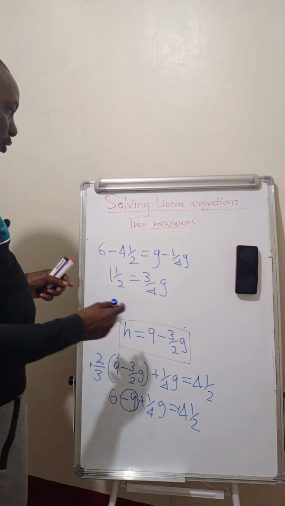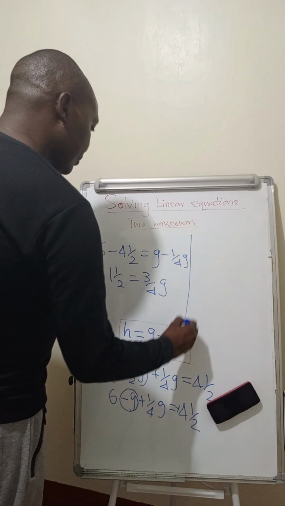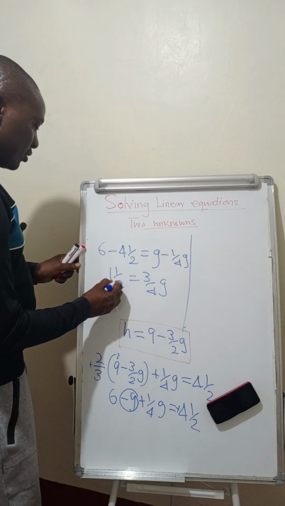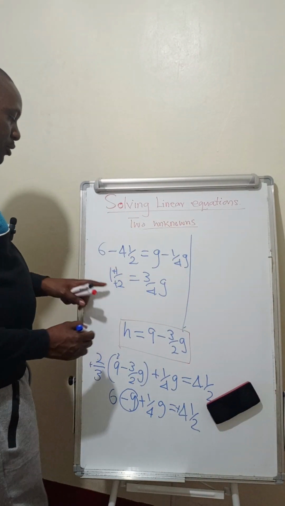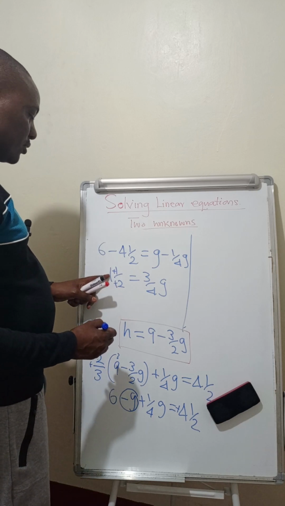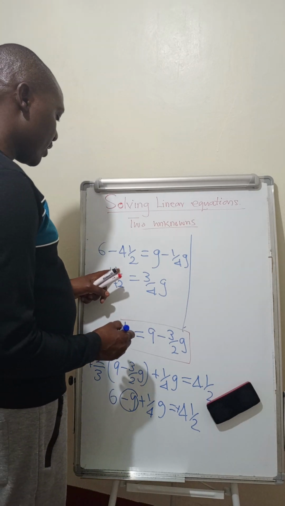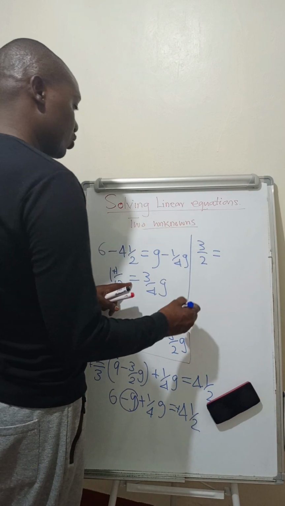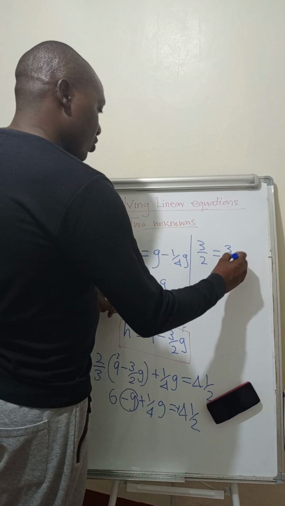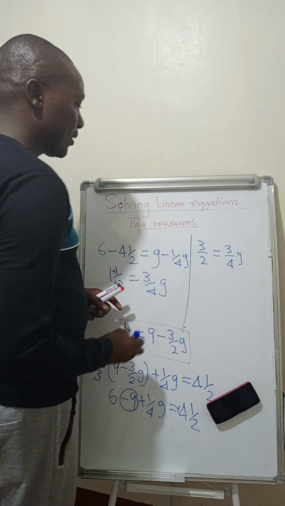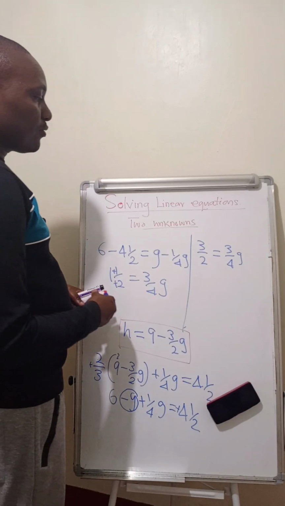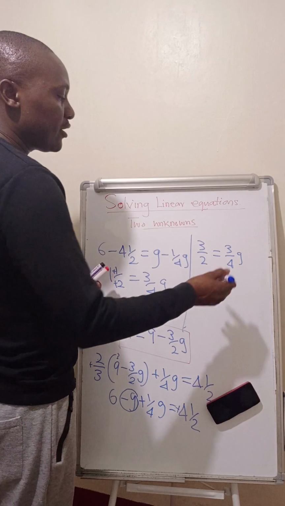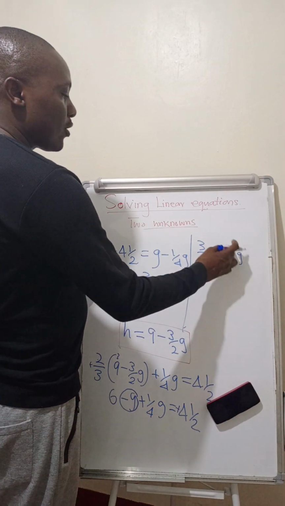Then what can we do? We can convert into an improper fraction. 2 times 1, 2, plus 1, 3. So we have 3 over 2 is equal to 3/4 g. So if you want to get the value of g, like we say, divide both sides by the 3/4.